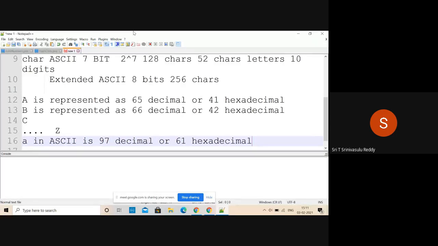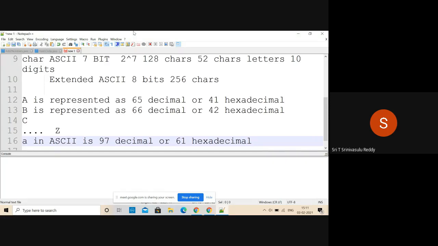So small a's ASCII value is bigger than capital A's. Whenever you compare, internally it always compares the corresponding values.